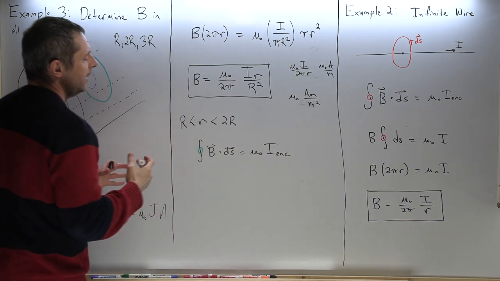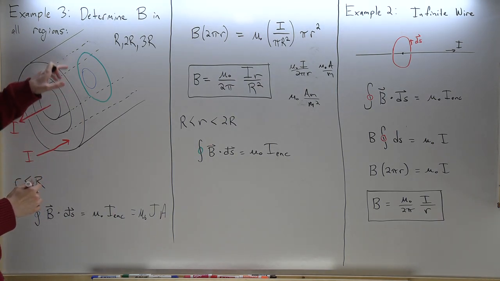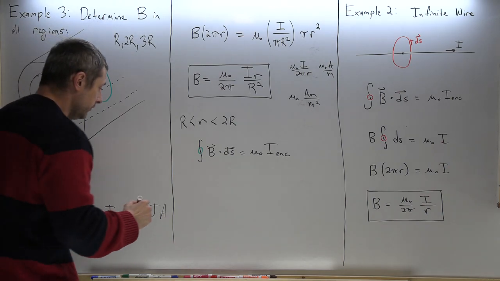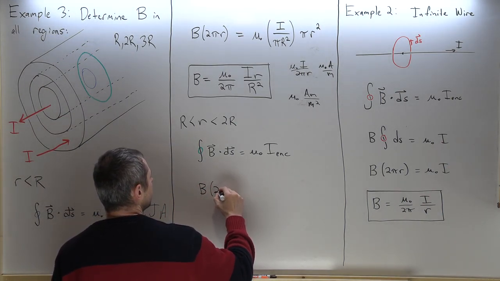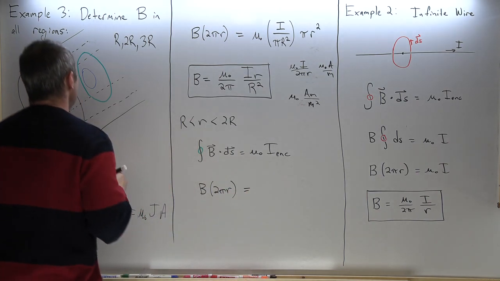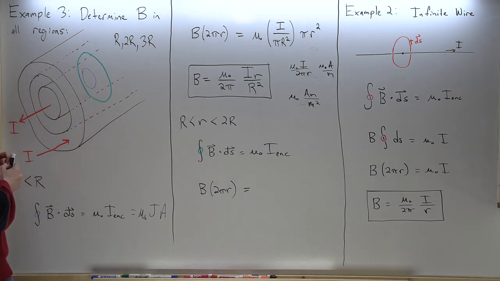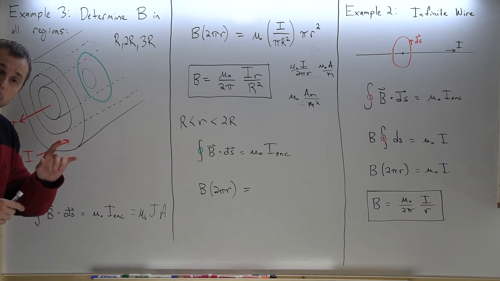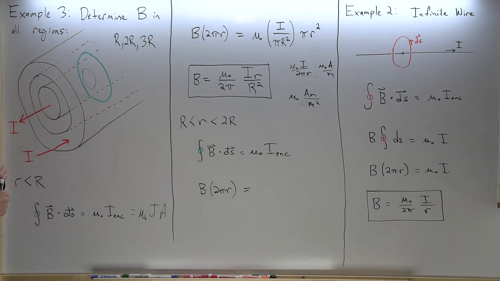All right, so the left side of Ampere's law, again, is just B times the length of our Amperian loop. In other words, the circumference of a circle. So we can say B times 2 pi r. The right side, well, this is easy. I've just enclosed the inner conductor, not any part of the outer conductor, because the outer conductor is beyond our Amperian radius.